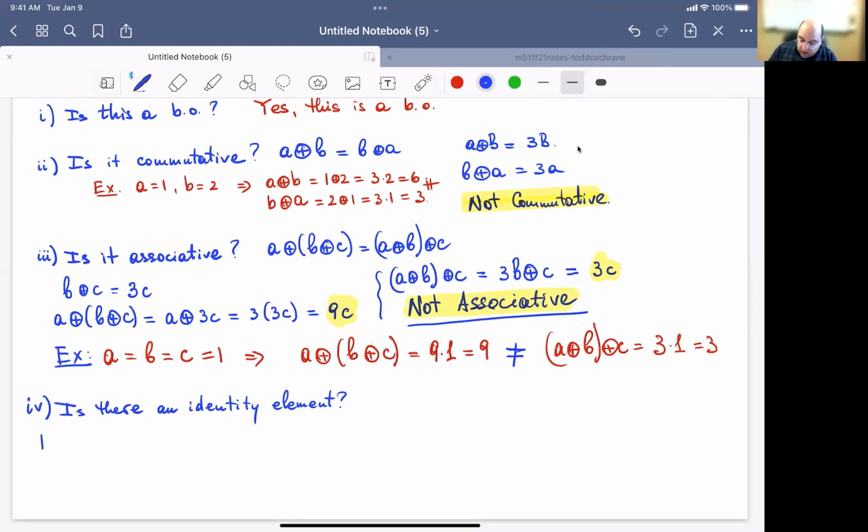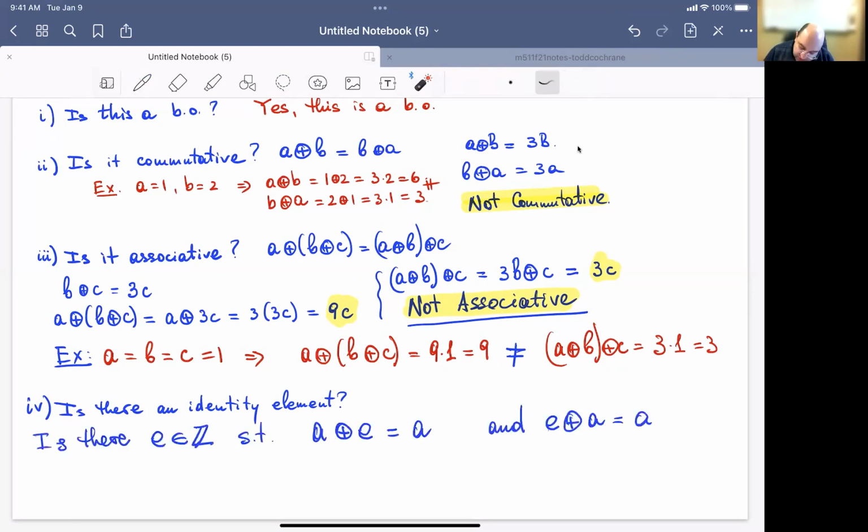So I will leave this to you as an exercise, but the idea would be to see that, well, what is this? This is just 3 times e. So if 3 times e equals a, then, for instance, if a is equal to 1, that means e would have to be 1/3, so that couldn't be an integer.